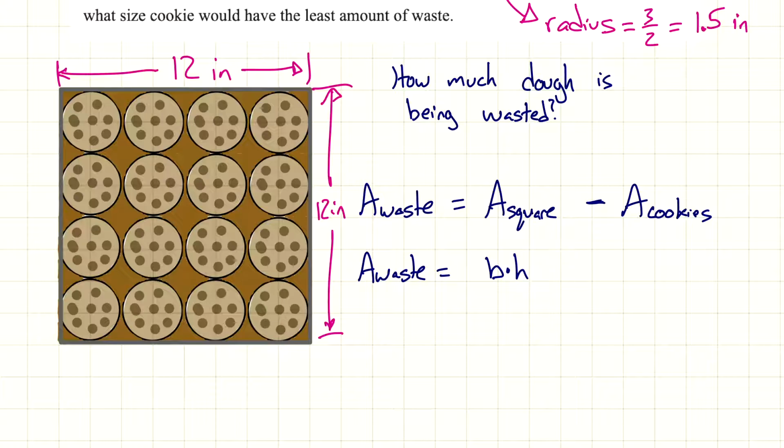So let me use a different color for this one. So I'll put the formula first. So base times height of the square, and then we're going to subtract the area of the cookies.